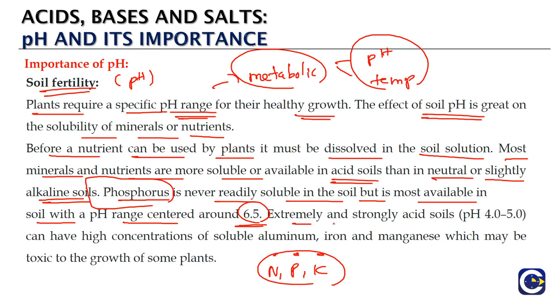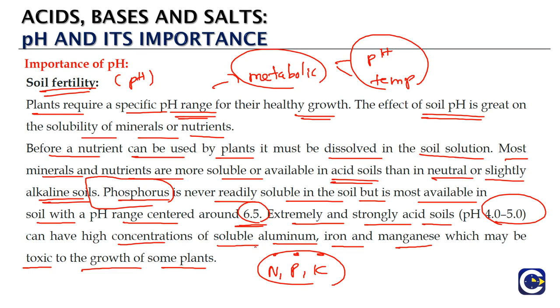If you look at extremely strong acidic soils like pH 4, 5, then they can have a high concentration of aluminum, iron and manganese, which may sometimes be toxic for plant growth. So we require mildly acidic soil solutions, so that important elements like phosphorus and the others will be readily available, or easily able to dissolve.